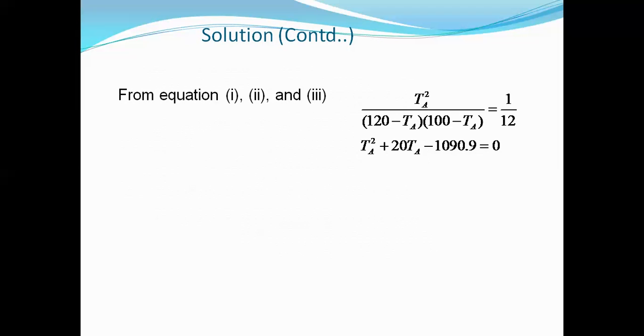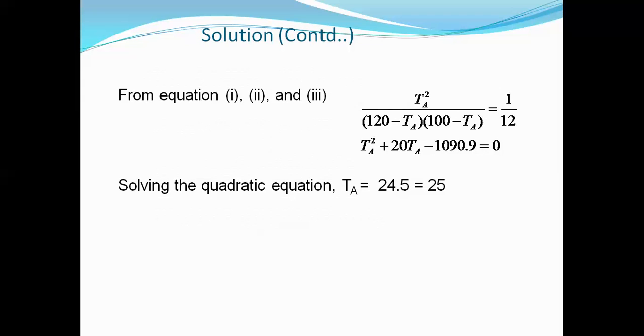Simplify, we get the quadratic equation, that is TA square plus 20 TA minus 1090.9 is equal to 0. So ఈ quadratic equation ని solve చేస్తే మనము TA ఎంత వచ్చింది, 24.5, అంటే 25.